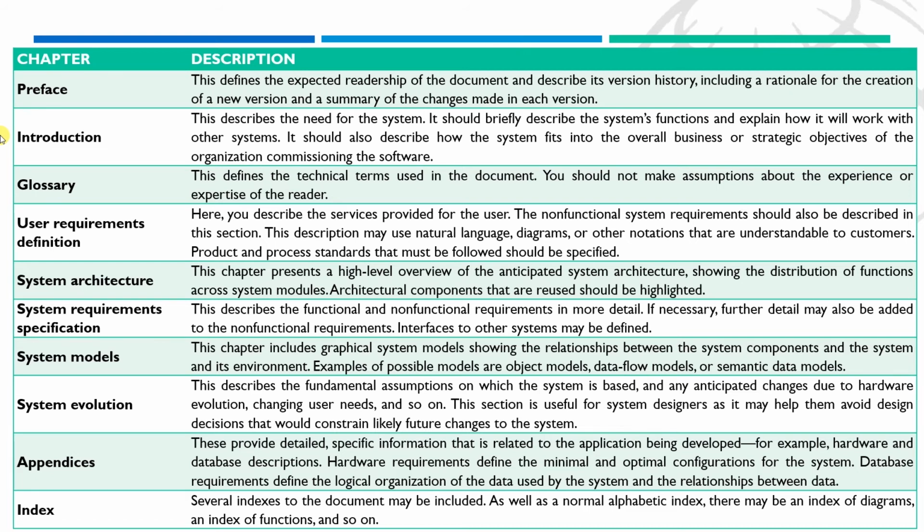The requirements document is likely to be long and detailed. It is therefore important that a comprehensive table of contents and document index be included so that readers can easily find the information they need.